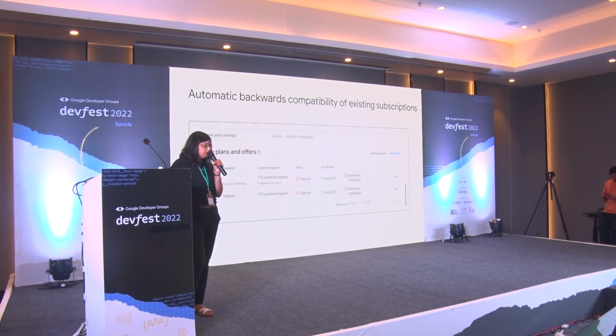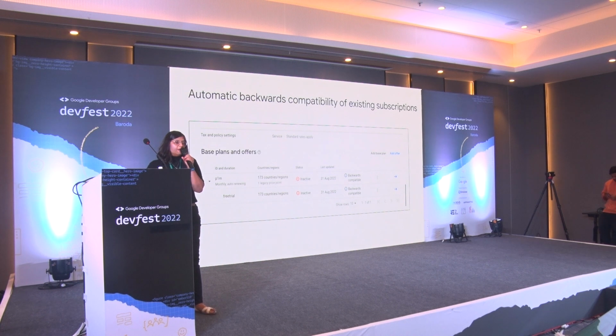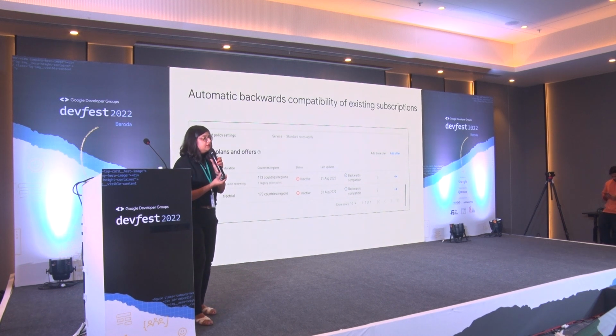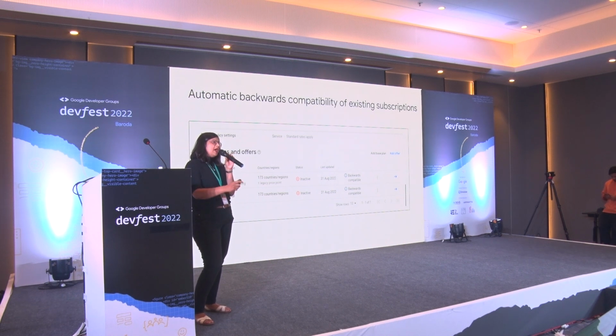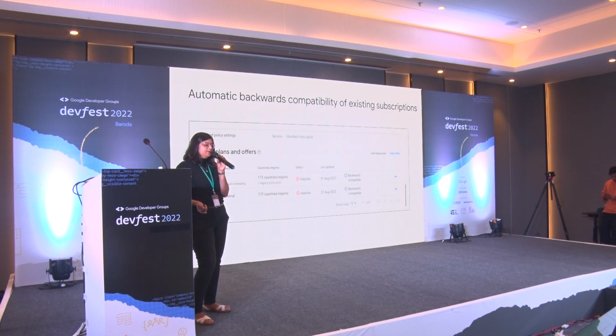Okay. So if you're not ready to migrate to the new version, Google has given a provision for backward compatibility, which offers the subscriptions that are already available with version 4.0 in your apps that are already in production. This is a very basic screenshot of what I used to have when I was using version 4.0. I had a monthly plan with a free trial of 7 days.